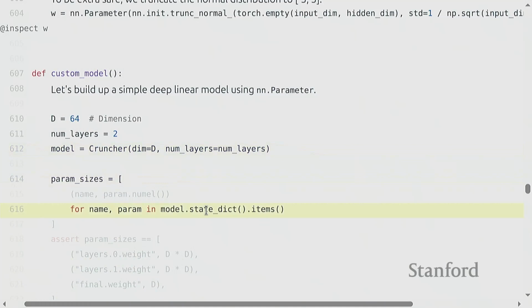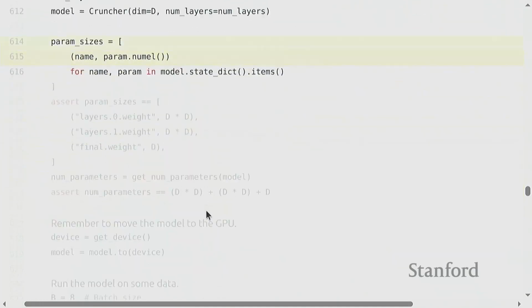So the parameters of this model look like this: I have layers, the first layer is a D by D matrix, the second layer is also a D by D matrix, and then I have a head, or final layer.